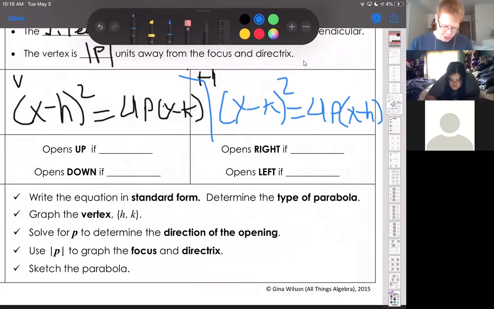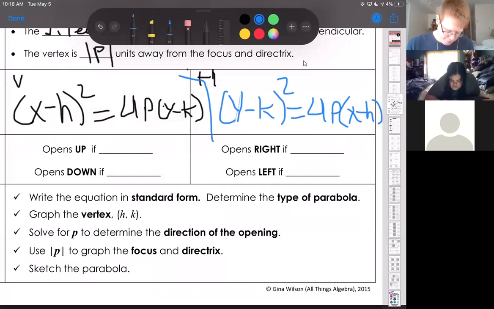One thing to notice is that the y and the k part always go together. Sorry, this is sloppy. Inside this first one, it's y minus k. Your x minus h and your y minus k always stay inside the parentheses.